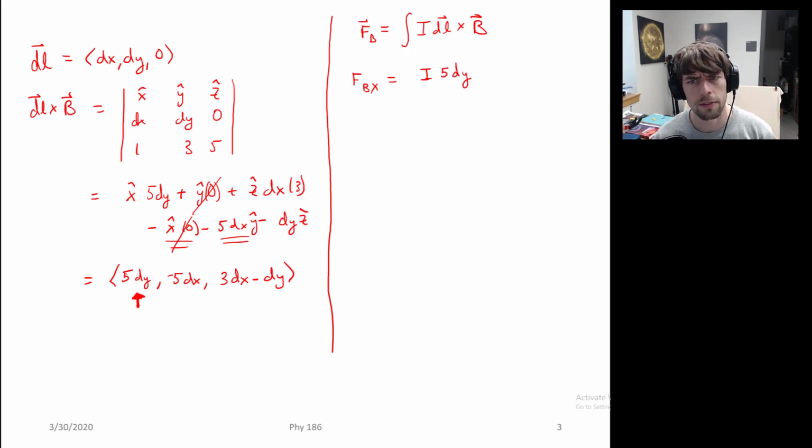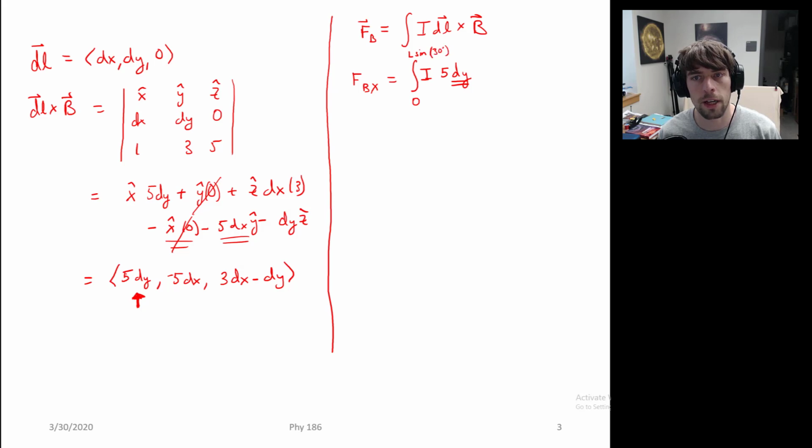And I should ask, sit and ask yourself for a second, what are the limits of integration for a y integral? Good. 0, that's the start. And I go to L sine of 30 degrees. Right?